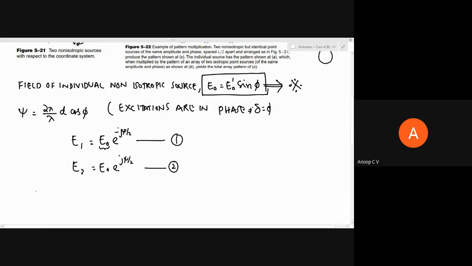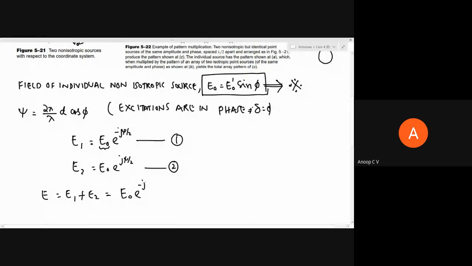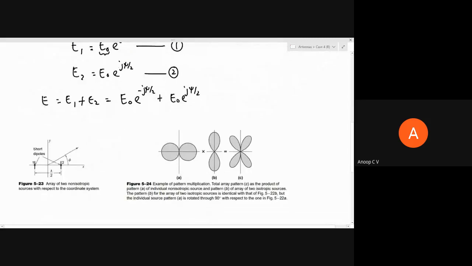So now I can write the resultant field E equal to E1 plus E2, that is E naught e power minus j psi by 2 plus E naught e power plus j psi by 2. I'll continue on the right hand side.